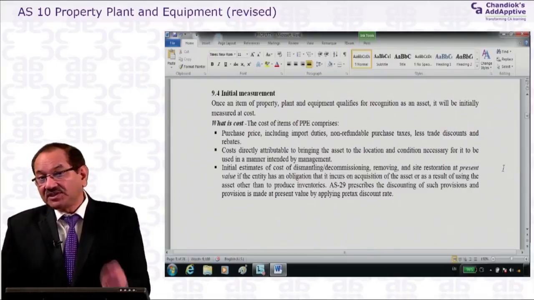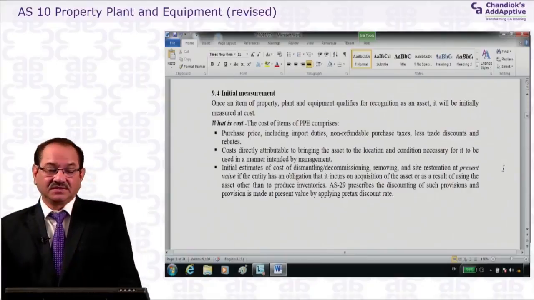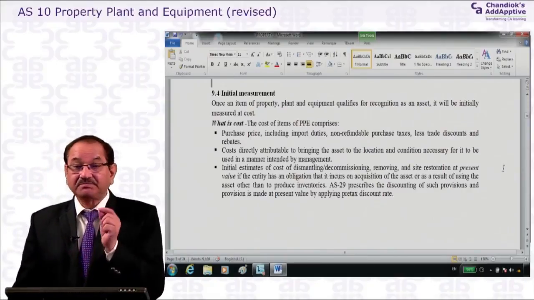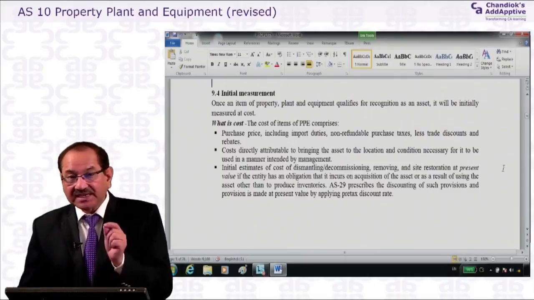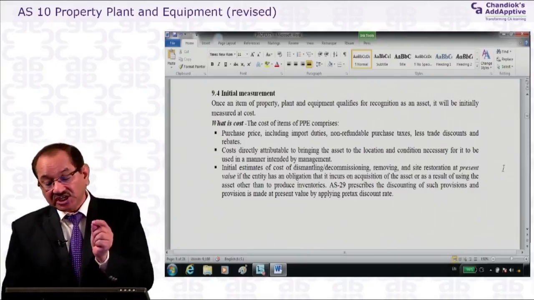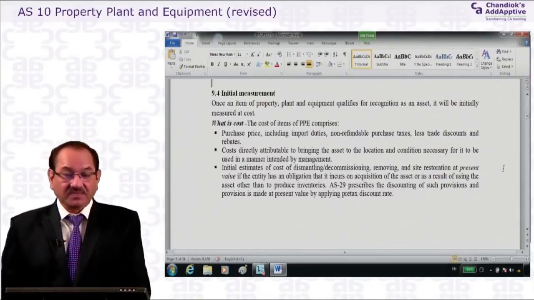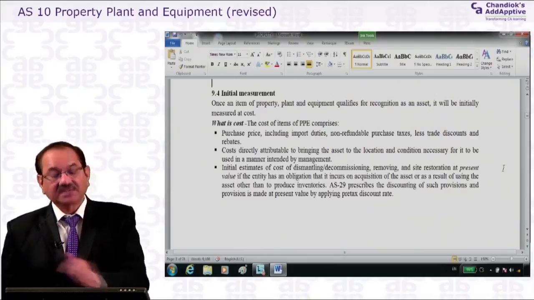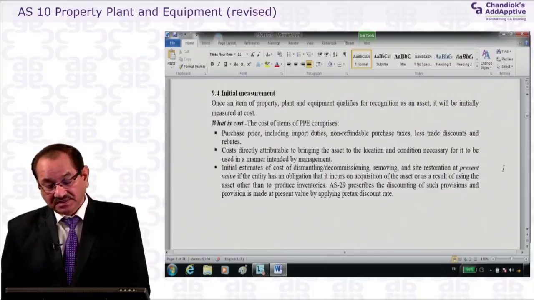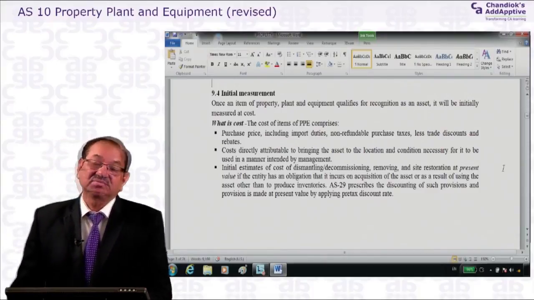Now, dear student, what is the difference? The difference is this: initial estimate of cost of dismantling, decommissioning, removing and site restoration at present value, if the entity has an obligation that it incurs on acquisition of the asset as a result of using the asset other than to produce inventories.